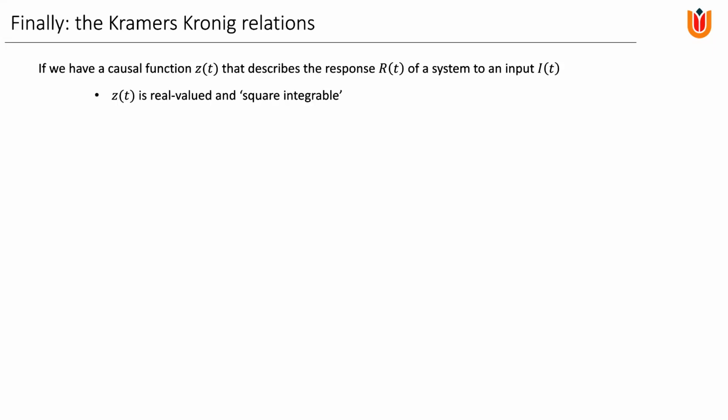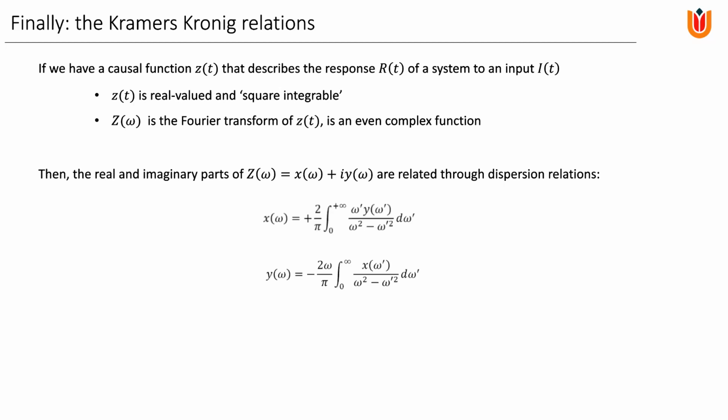The conclusion. We have this causal function. It's real valued. It's square integrable. Then the result is that the Fourier transform of the function is an even complex function, and the real and imaginary parts of that complex function are related through these dispersion relations.